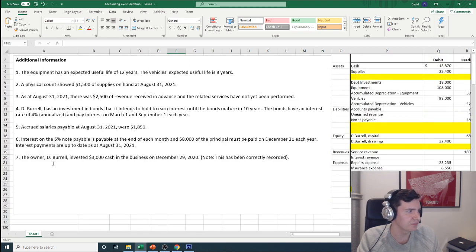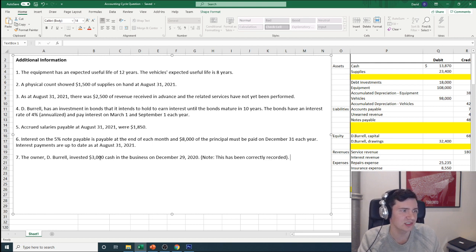And then finally, the owner, David Burrell, invested $3,000 cash in the business on December 29th, 2020. This has been correctly recorded. So in this case, the transaction is going to look like debit cash of $3,000, and then credit capital of $3,000.